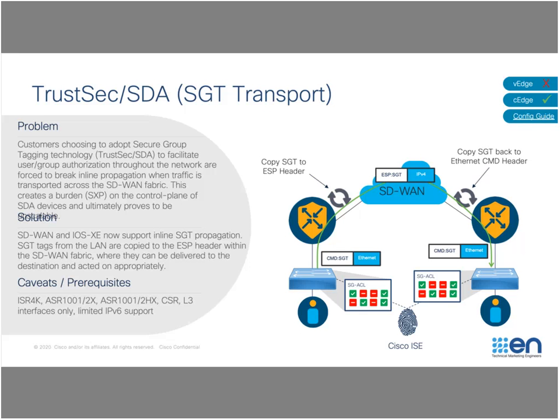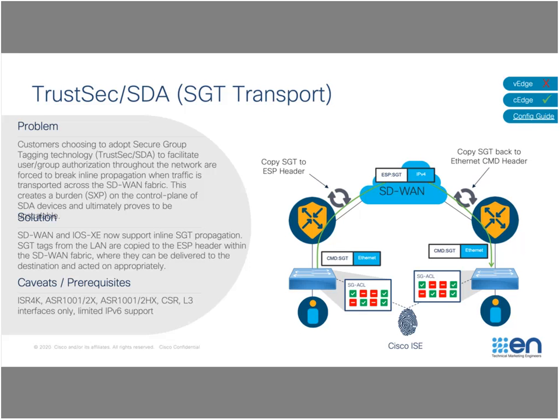As of 20.3, however, or I should say version 17.3 of IOS XE and version 20.3 of SD-WAN, we can now understand that SGT value, right? As that traffic progresses up to the SD-WAN router, we can take that SGT value out of the Ethernet frame, out of the Ethernet header, and move it into the IPsec header, into the ESP header, more specifically.